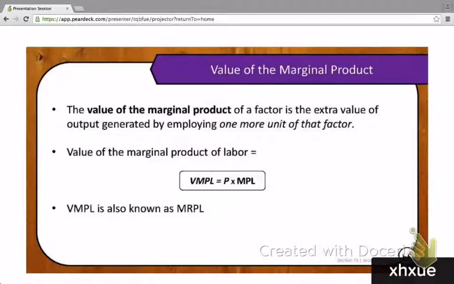In this case, the factor is labor, so the value of the marginal product of labor is equal to the price that we charge for the good that we sell multiplied by the marginal product of labor, or how many units that worker is producing. And so VMPL is also known as MRPL, the marginal revenue product of labor.